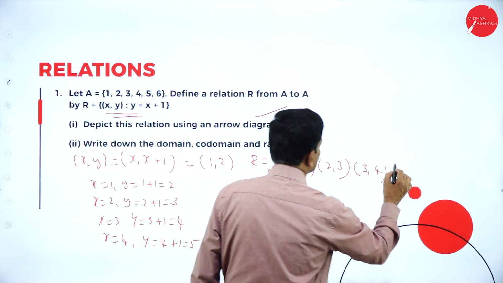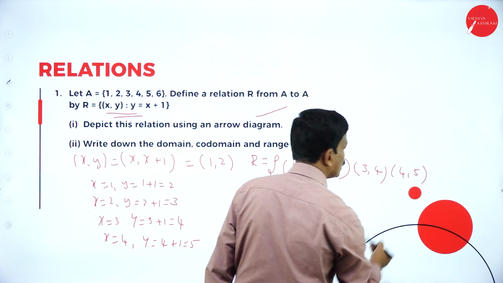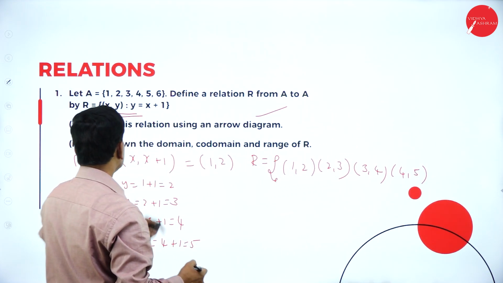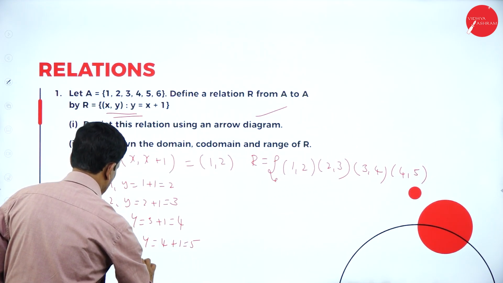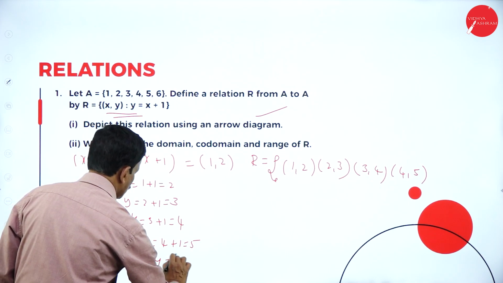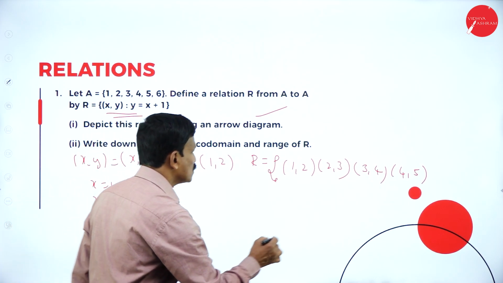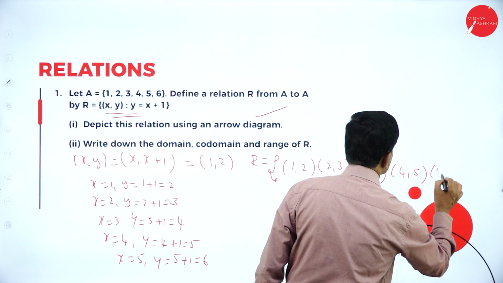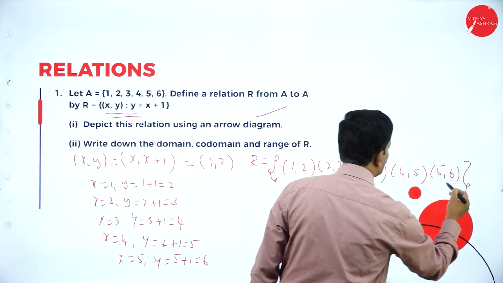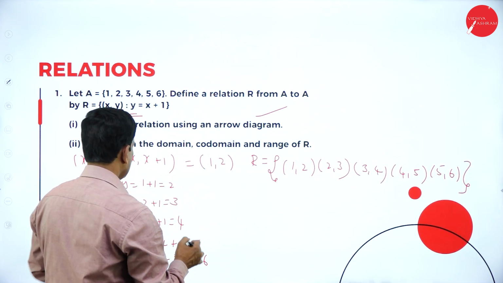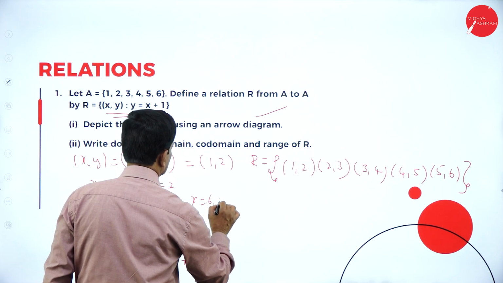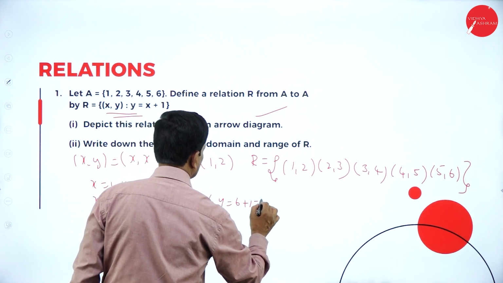This is nothing but (4, 5). Right. When x is equal to 5, y is equal to 5 plus 1 is 6. So this is (5, 6). Okay.